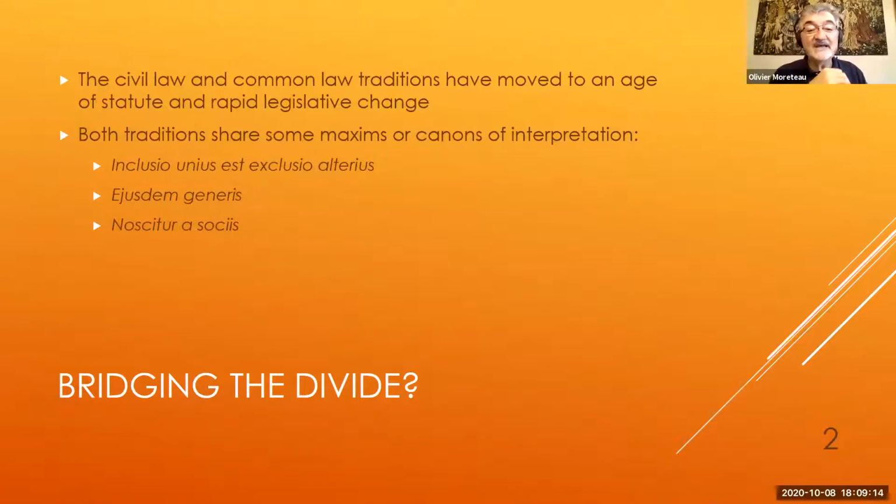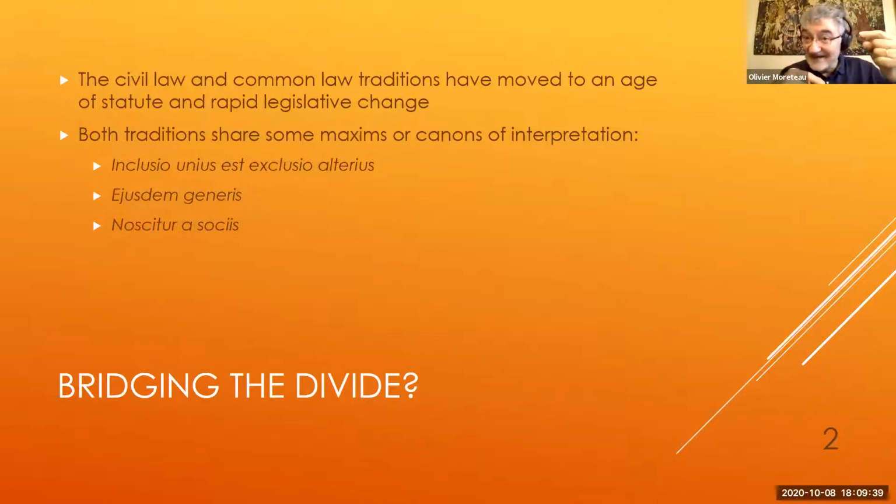Inclusio unius est exclusio alterius. The fact that you include something in an enumeration means that you exclude all the others that are different. Ejusdem generis rule. When you have an open list, it's the sort, and if you have a catch-all, you will open it to all things of the same kind.